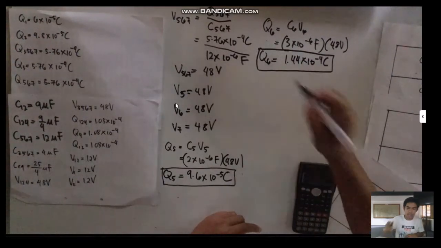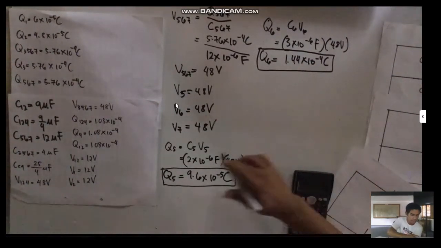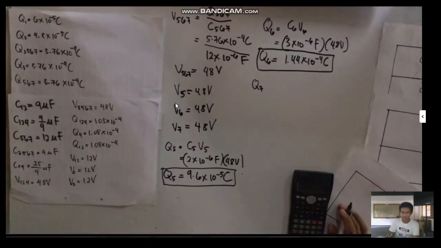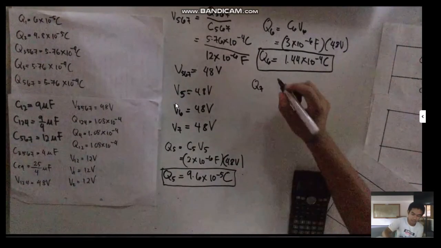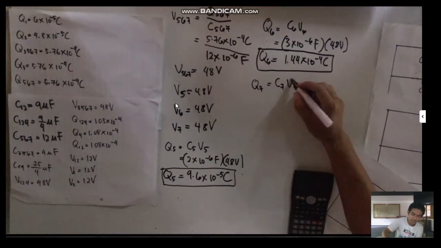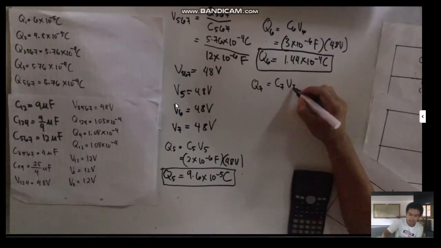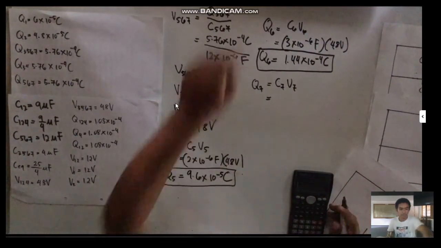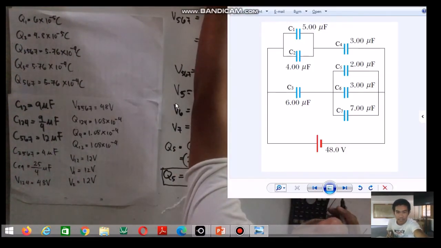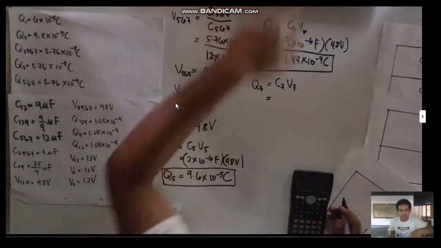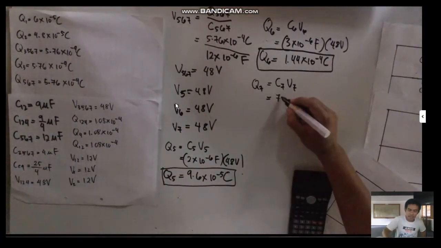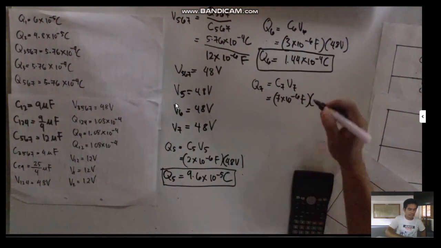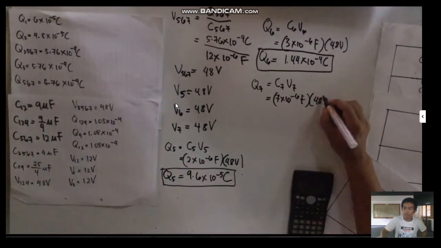So we have Q6. Okay, next is Q7, the charge of capacitor 7, which is capacitance 7 times the voltage across capacitor 7, which is V7. Can you see the given? C7 is 7 microfarad. So this is 7 times 10 to negative 6 farad multiplied by V7, which is 48 volts.